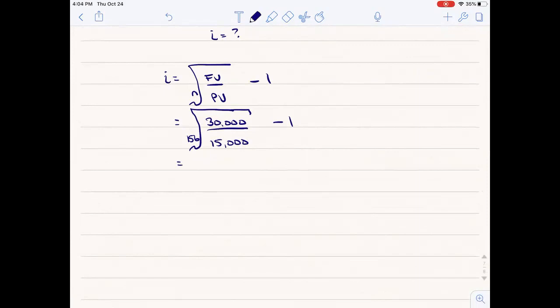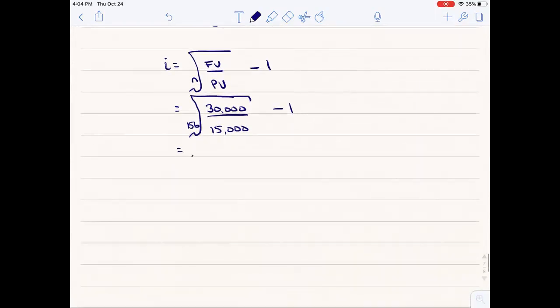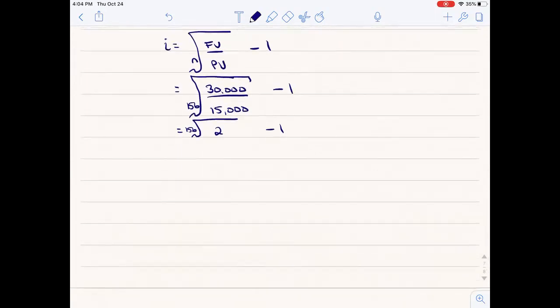Let's simplify 30,000 over 15,000 before we take the 156th root, right? And so 30,000 divided by 15,000 is 2, right? So we want to take the 156th root of 2 and then minus 1. How are you going to take the 156th root of 2?